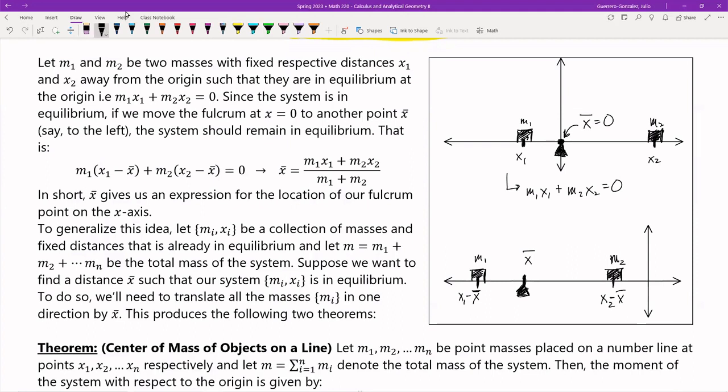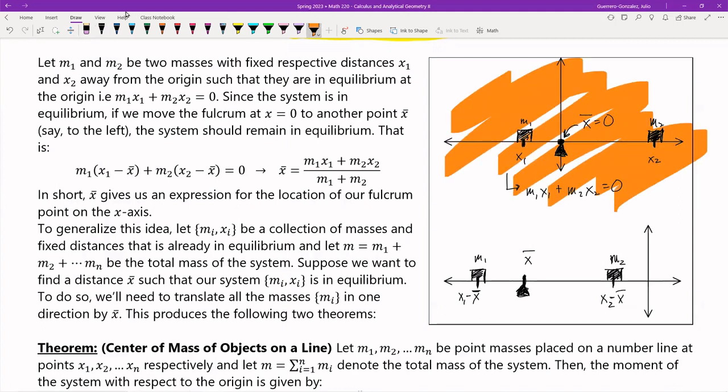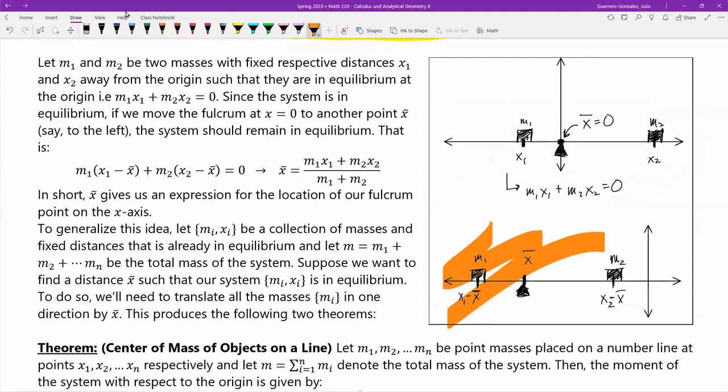Since the system was already balanced way up here, this system must also be balanced, and it should be balanced at x bar. So since it was balanced, we have this statement for this system: M1 times (x1 minus x bar) plus M2 times (x2 minus x bar) is equal to 0.